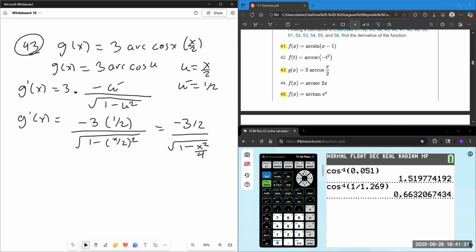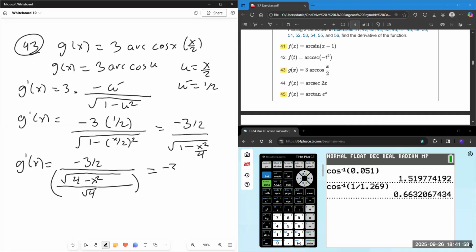I don't like leaving fractions inside of roots, so I'm going to make a common denominator and fix that square root there. I'll leave the numerator alone until I see what the denominator does for me. So this is 4 minus x squared over the square root of 4 is negative 3 halves over root 4 minus x squared over 2.